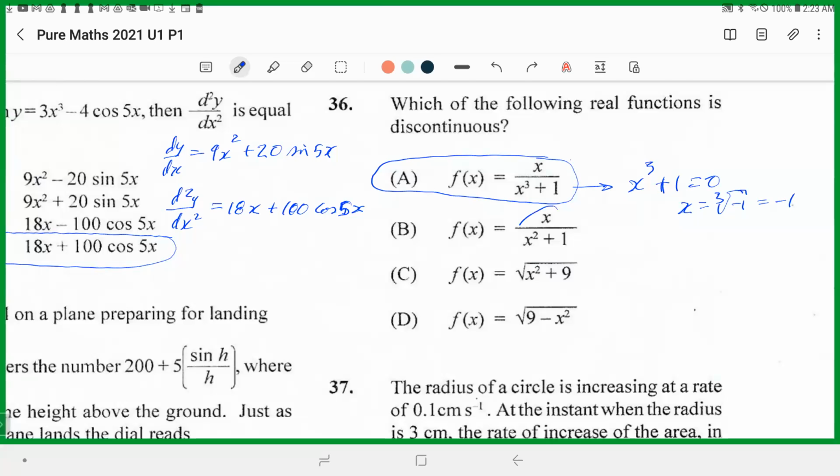What about this one? Fact of the matter is that this squared value cannot be negative. So this expression under here can never be 0. It's always greater than 0. It is always positive, because the x squared will always be positive.